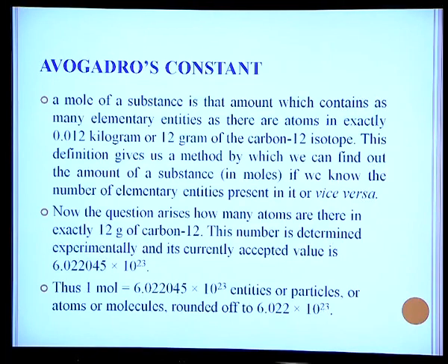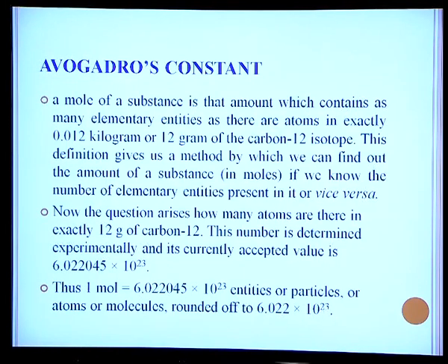A mole of substance is related to the Avogadro constant. A mole of a substance is the amount which contains as many elementary entities as there are atoms in exactly 0.012 kilogram or 12 gram of the carbon-12 isotope. This definition gives us a method by which we can find out the amount of substance in moles if we know the number of elementary entities present in it, or vice versa.